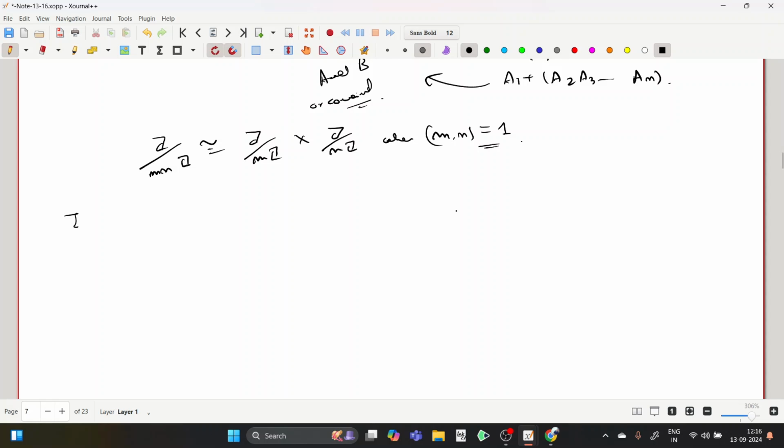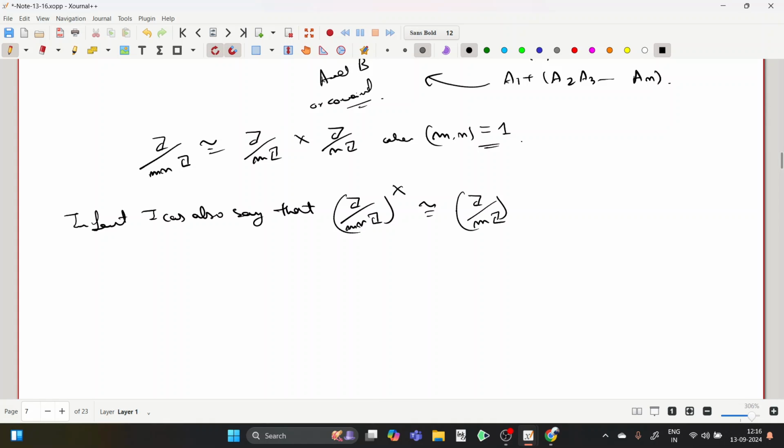In fact, I can also say that Z mod mnZ, and I take the group of units of this, should be isomorphic to the group of units of Z mod mZ, cross the group of units of Z mod nZ. Clear? This immediately follows from the fact that the units of a direct product are the elements which have units in each coordinate, right?